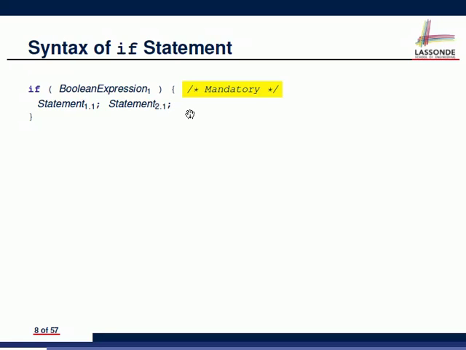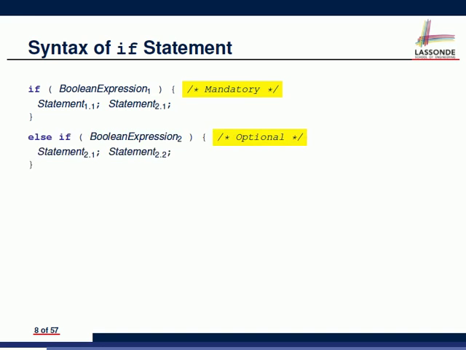Now, the next question is, how can I have slightly more complicated if statements? There are two possible things you can do. Either you can have an else if. When I say else if over here, I just put another Boolean condition, and then as many statements inside the body of this particular branch as I like.